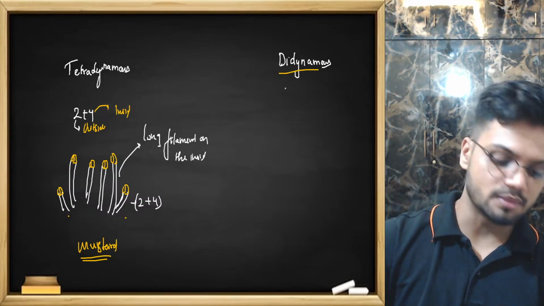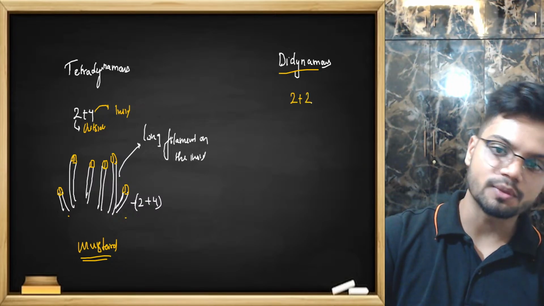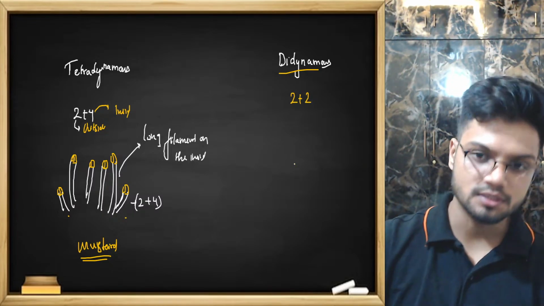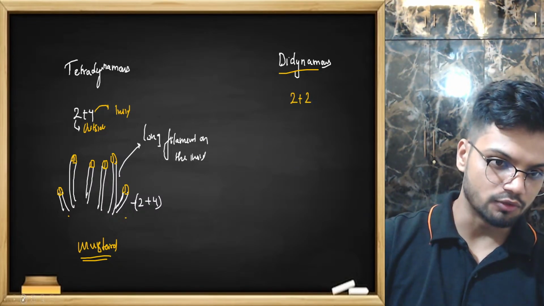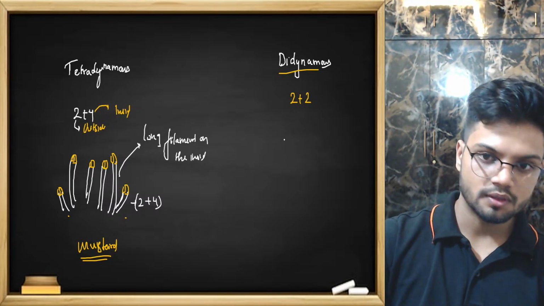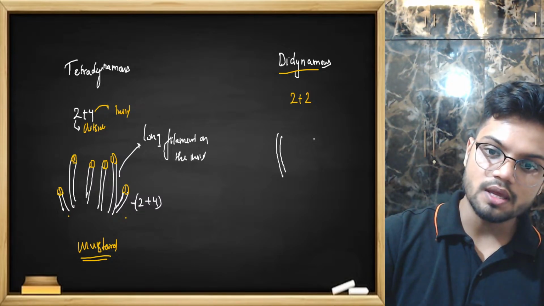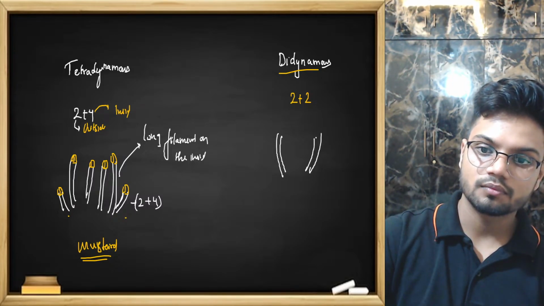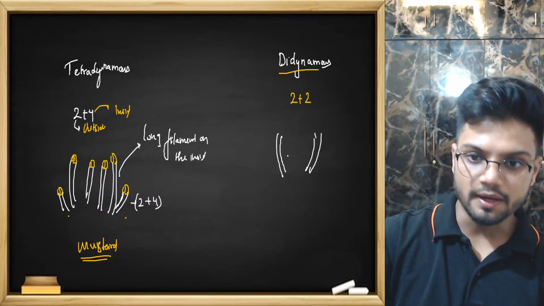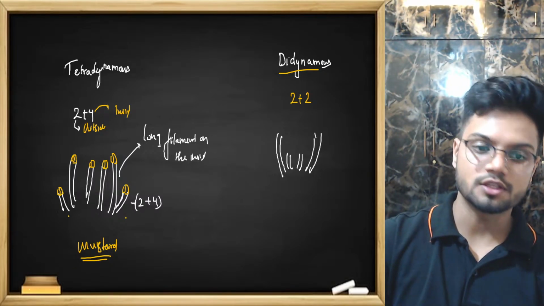Now, what is didynamous condition? Understand didynamous. Very simple. In didynamous condition, you have 2 plus 2 arrangement. See this. For example, let me draw it for you. Can you see here? Here, the 2 tall are on the outside, while the 2 short are on the inside. 2 plus 2 arrangement.